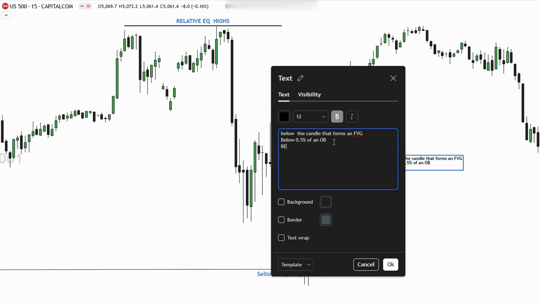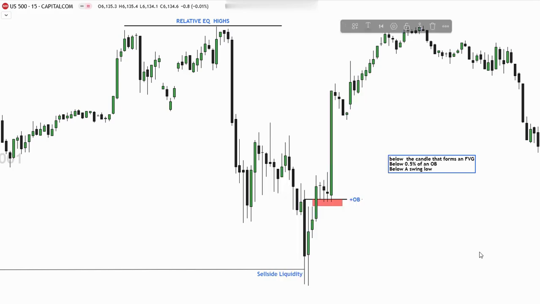Below a swing low, because now we are buying this one specific time zone.